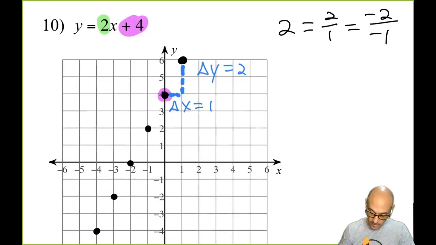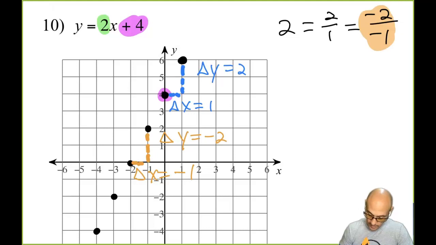And so I can, let's use a different color here. I can see that it's down 2 and to the left 1. So delta y equals -2, delta x equals -1. Looks just like that. So that's this one here, down 2 to the left 1.